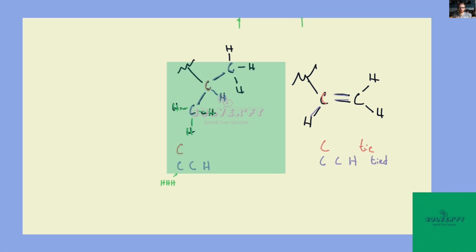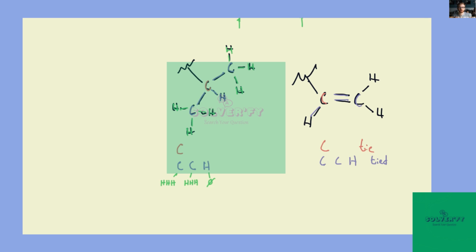And from here, this blue carbon, we go hydrogen, hydrogen, hydrogen. Okay, and then this hydrogen does not branch, right? There's nothing else attached to the hydrogen except for the single bond backwards. So this is just nothing. I'll put a 0.